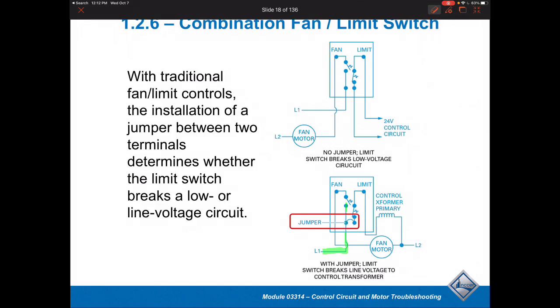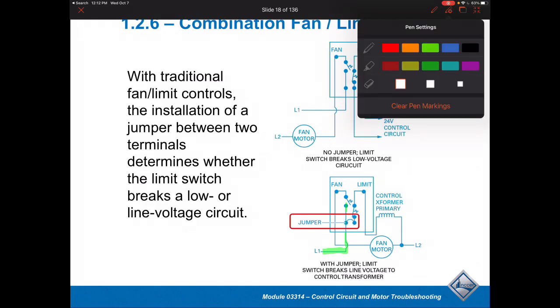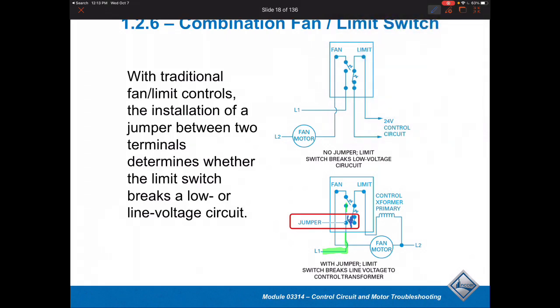So in other words, that little device that's there, one would have to get rid of. You'd cut that jumper, remove the jumper, or break the jumper that goes between that side. It really depends on the control. If you're using a Honeywell control, you might be breaking a tab.